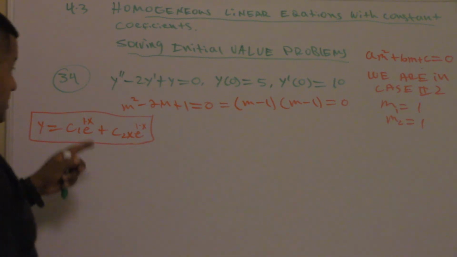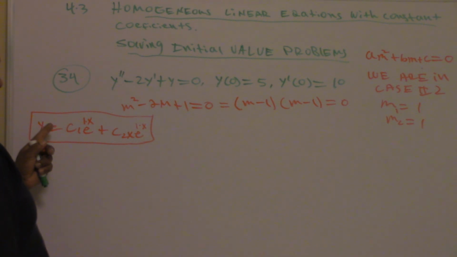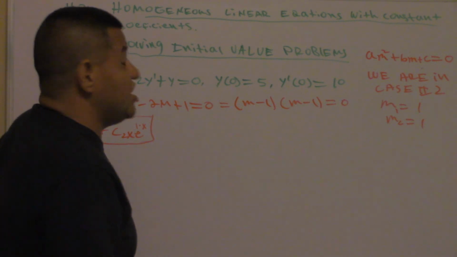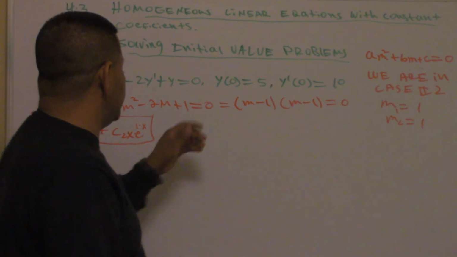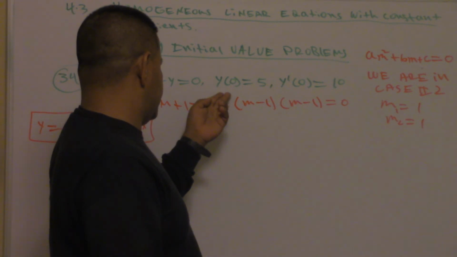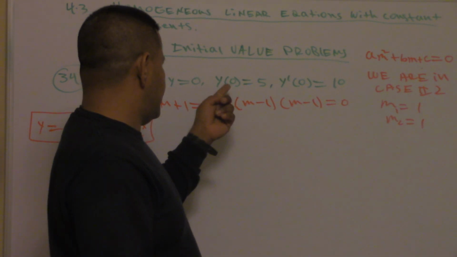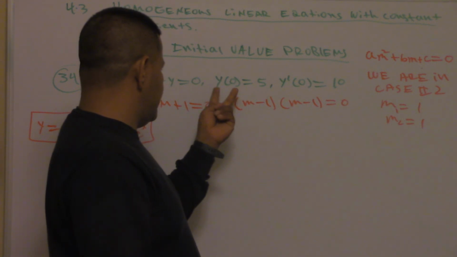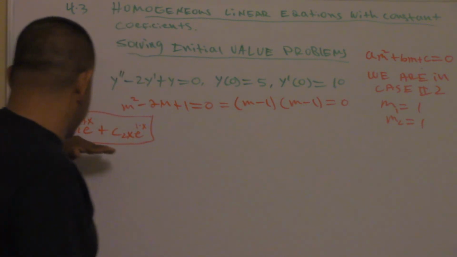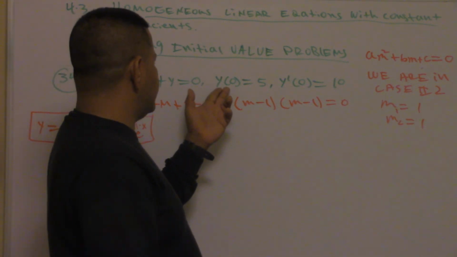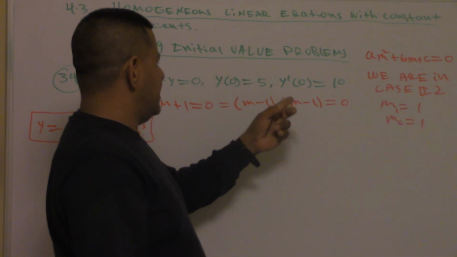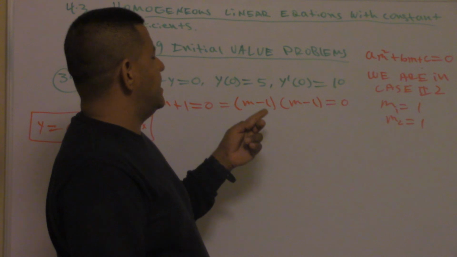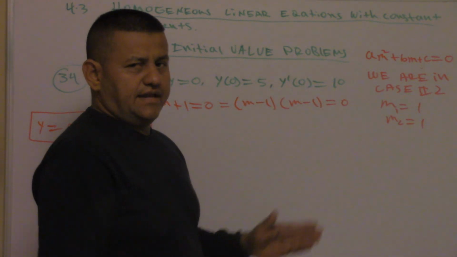Now I'm going to use the initial conditions given. The function evaluated at 0 is equal to 5, and the derivative evaluated at 0 is equal to 10.